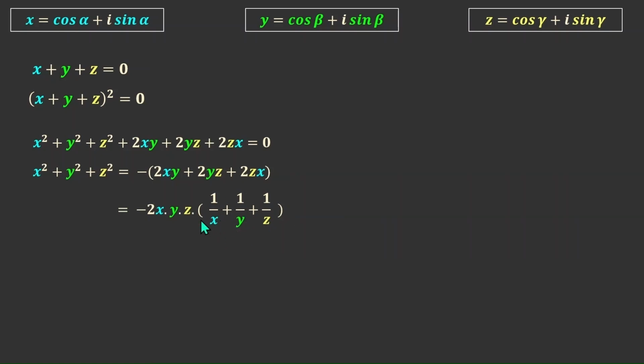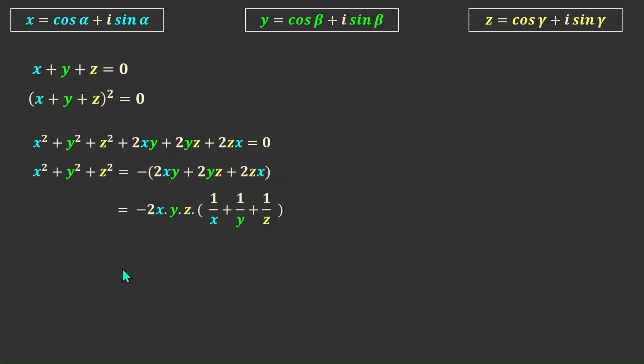And now what are these terms? These are the same terms that we wrote here. So 1 by x would be 1 divided by cos alpha plus i sin alpha, or cos alpha plus i sin alpha raised to power minus 1, which by de Moivre's theorem would be cos alpha minus i sin alpha. So let's write it like that.